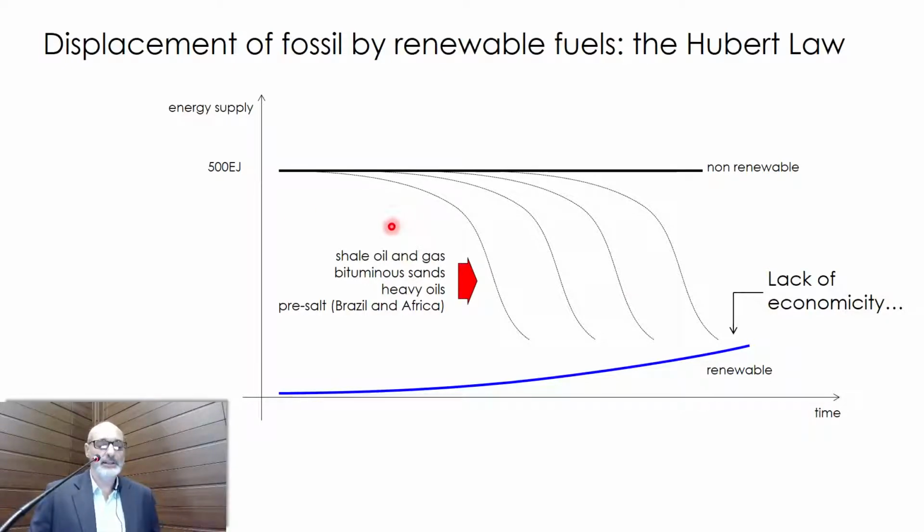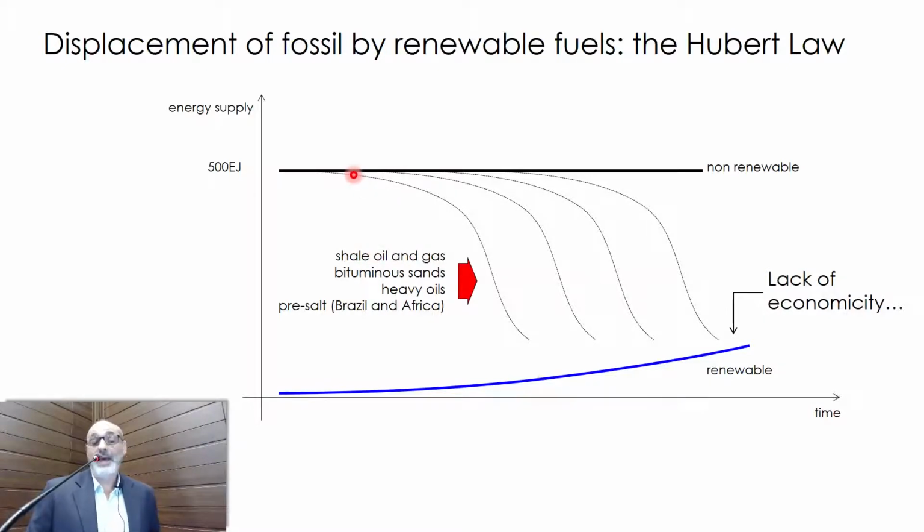Okay, so that's exactly the case of shale oil and gas, bituminous sand. So these reserves here, these amounts here were not viable. Okay, we would know how to make oil or gas from shale, okay, but it was too expensive. New technologies rendered this viable, so it took the place.